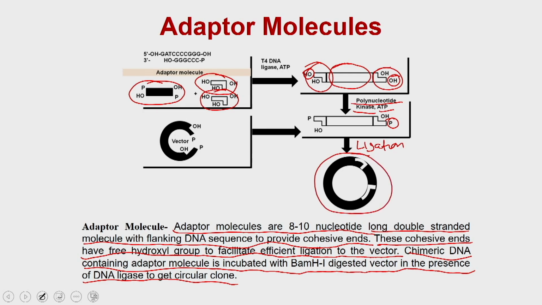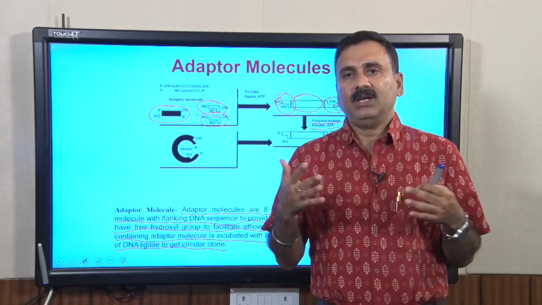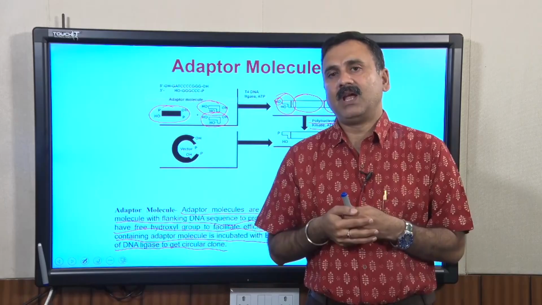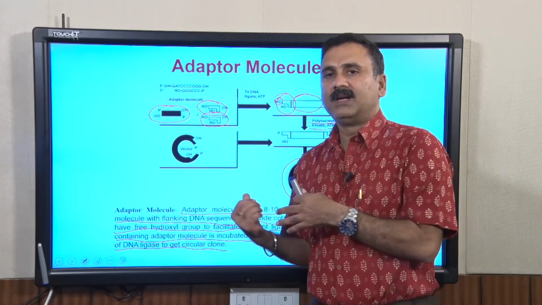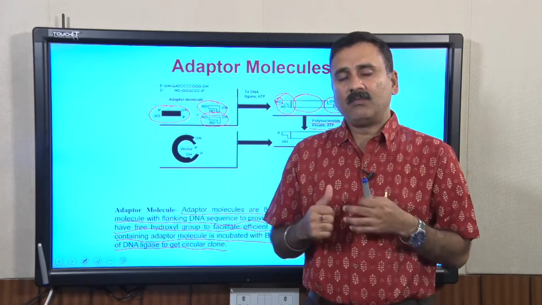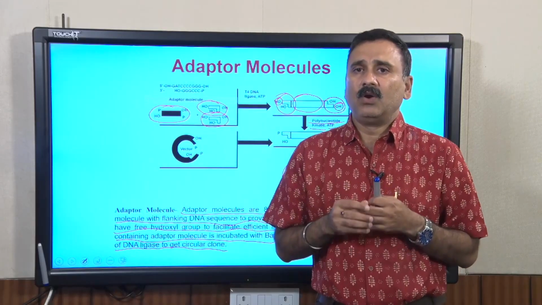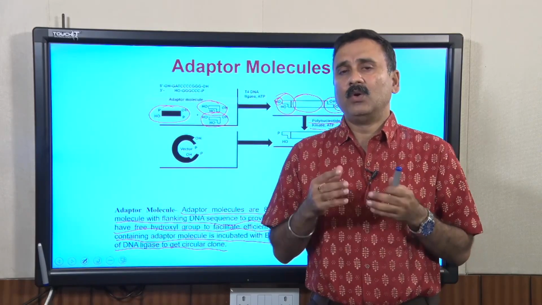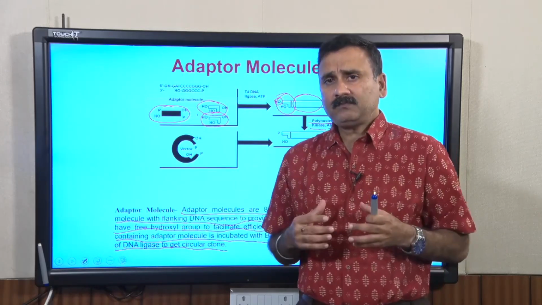So, in today's lecture we have discussed the different types of enzymes which have a role in molecular cloning, and we have also discussed the two different types of molecules, the adapter molecule as well as the linker molecule, which also have a role in facilitating the cloning of foreign DNA into your vector of your choice.